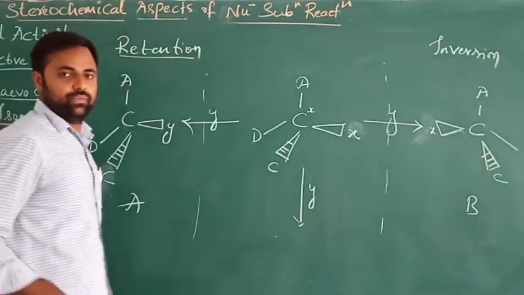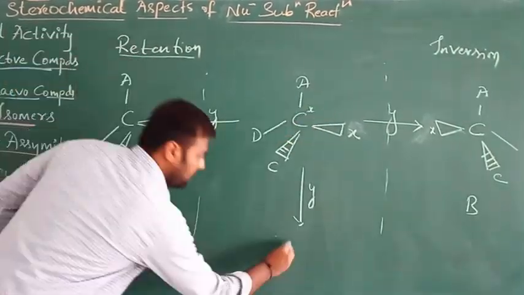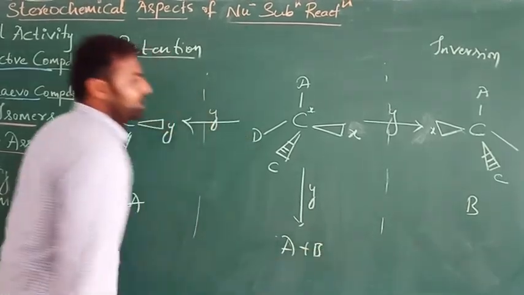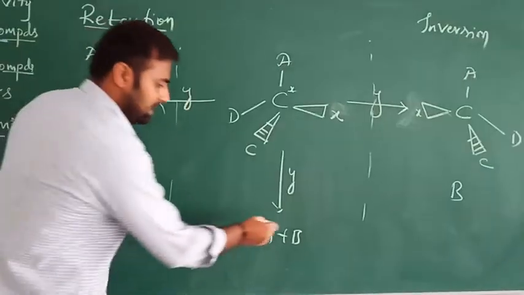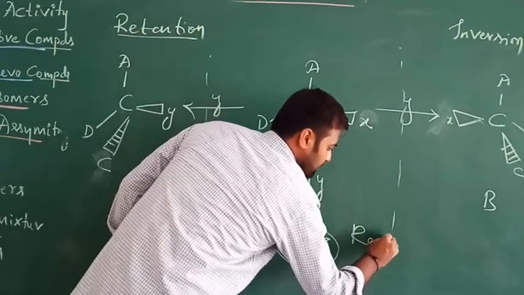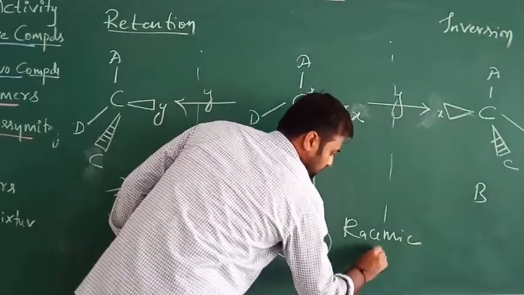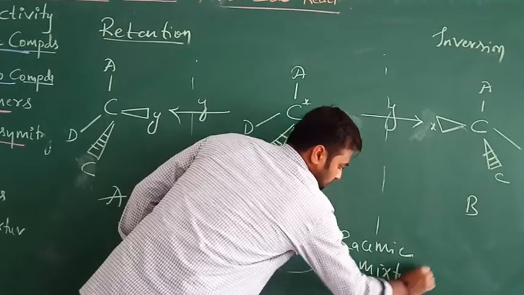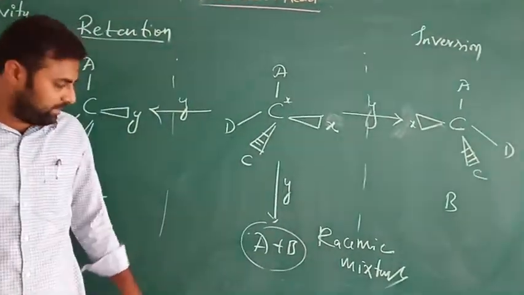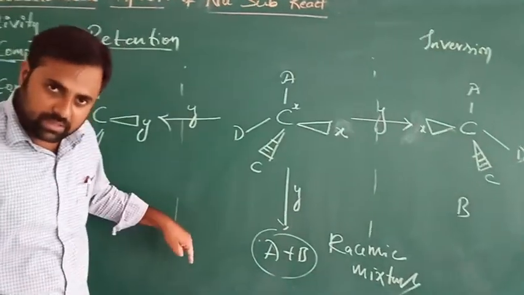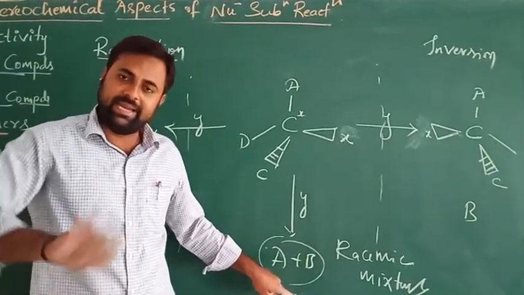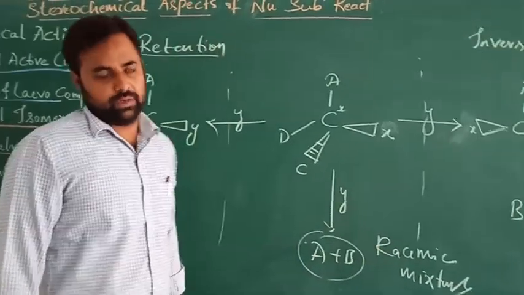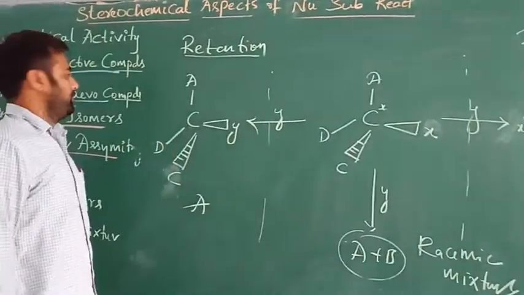There is a possibility of formation of both products, A plus B. If these two compounds are obtained in equimolar proportion, then it is said to be a racemic mixture. 50% inversion and 50% retention of configuration will be there. Then it is said to be a racemic mixture, and this is the concept.